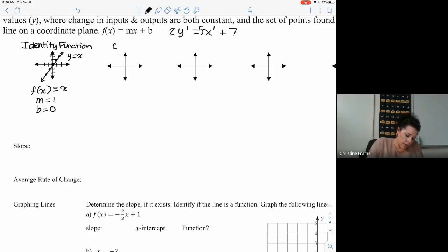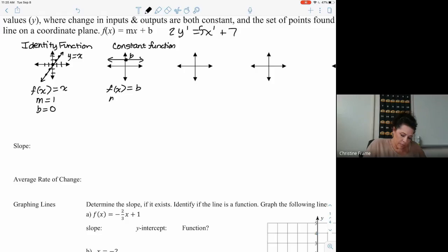The next function here is a constant function. A constant function looks like this. It's linear. It is a function. It's just horizontal. Constant function has the equation f of x equals some number b, b being your y-intercept.